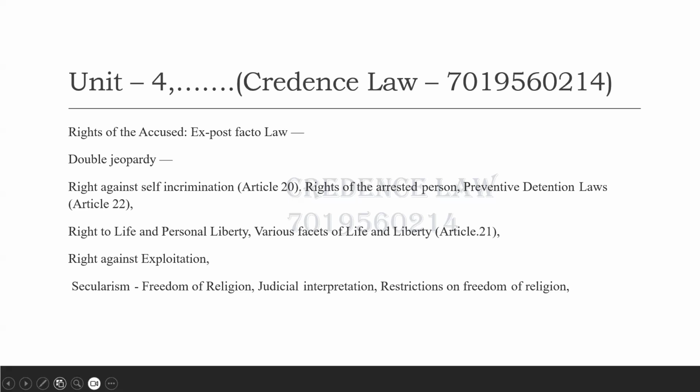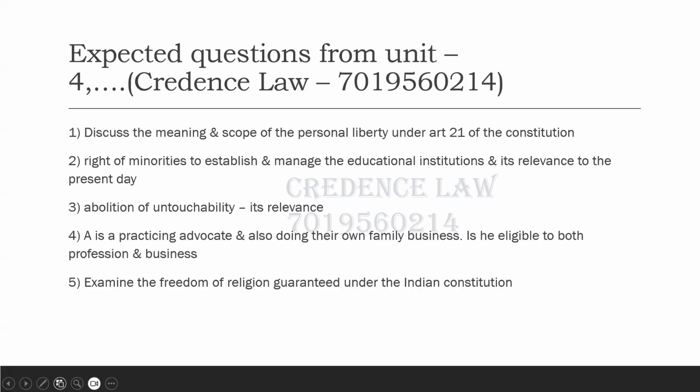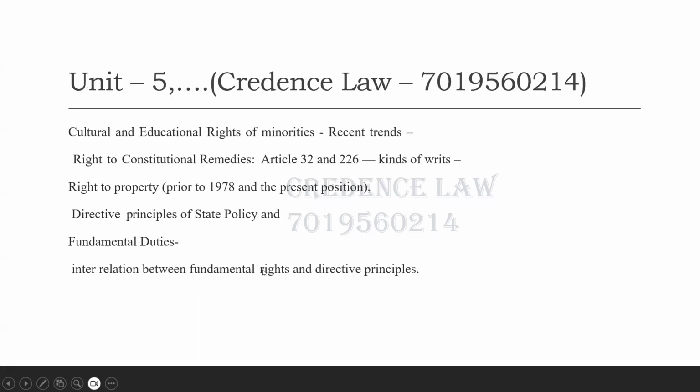So, right to religion is covered under Article 25. Okay, and then these are the certain important questions. Right to life, and then we can expect right to religion as an important question, untouchability, Article 15, and yeah, these are the certain important questions. And then comes the fifth unit.